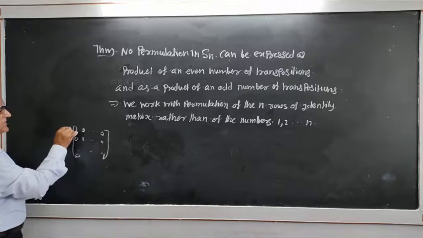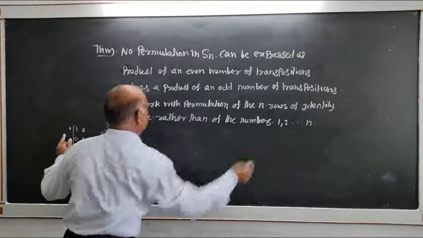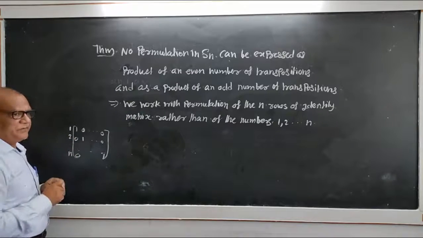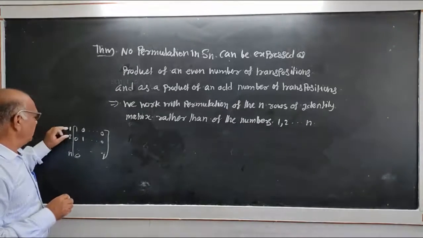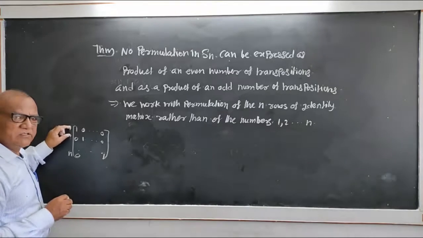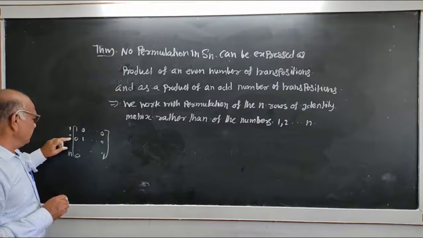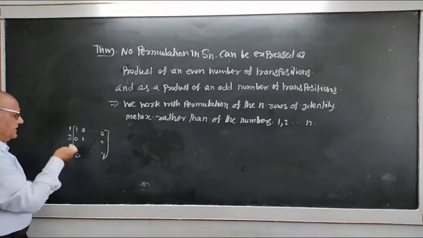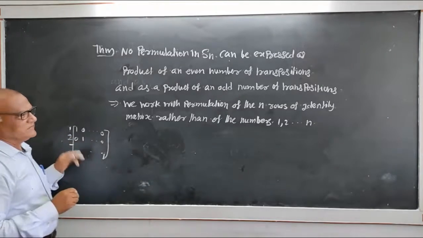Here for a permutation, 1 denotes the first row, second row and so on, n rows. Here 1 goes to 2, that means we interchange: the first row is written in this place, and if we then change the second, the second is written here, like this.